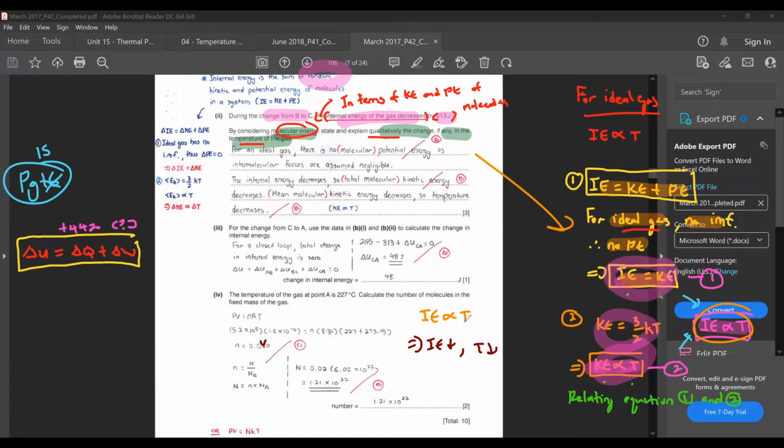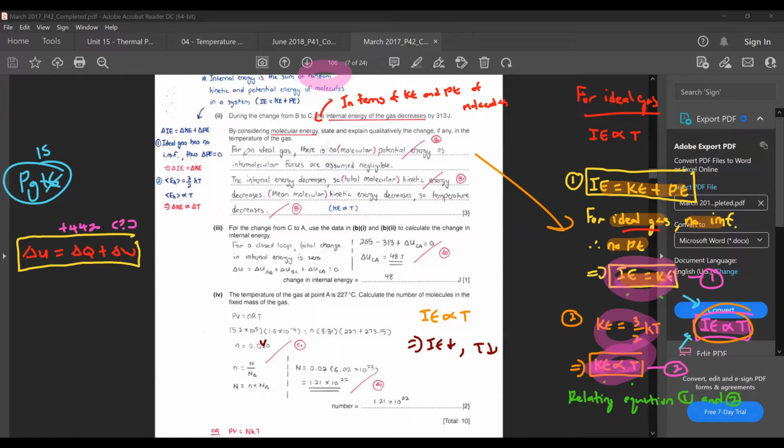Here you know internal energy is dropping, because they already told you internal energy of the gas decreases by 313 joules. So you just need to make the relation first. How is internal energy related to temperature? You notice the explanations are more or less the same.